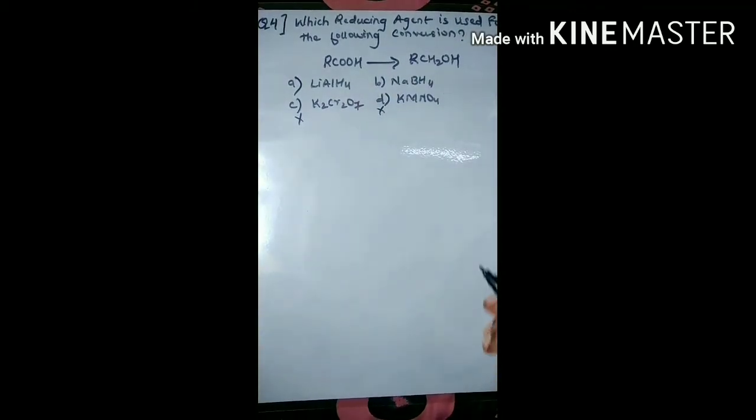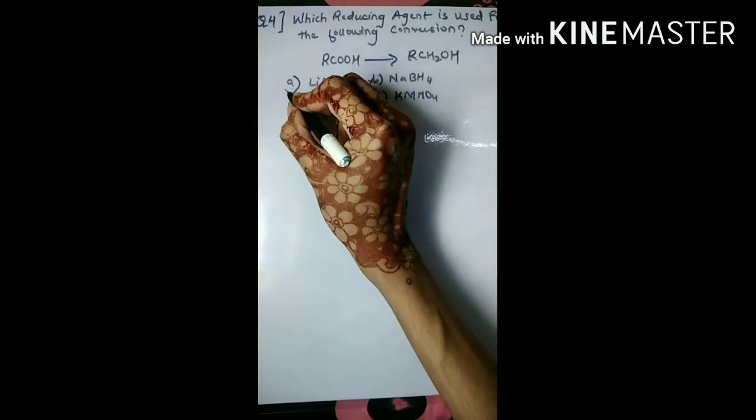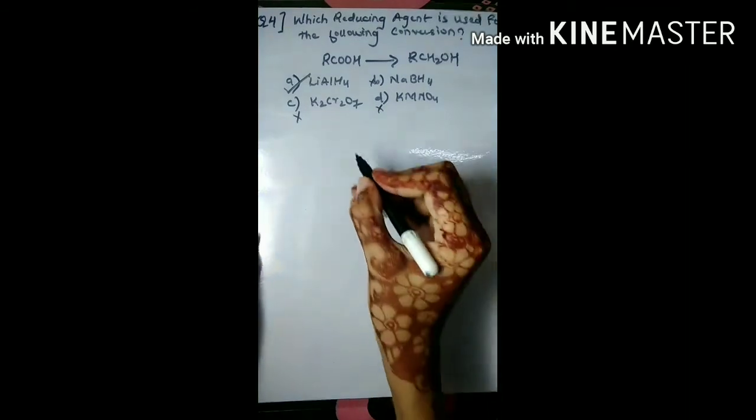Now we have two options left and both are reducing agents, but I've already told you about sodium borohydride that it will reduce selectively. So it will only reduce aldehyde, ketone and carbonyl chloride. So the right answer will be lithium aluminium hydride.